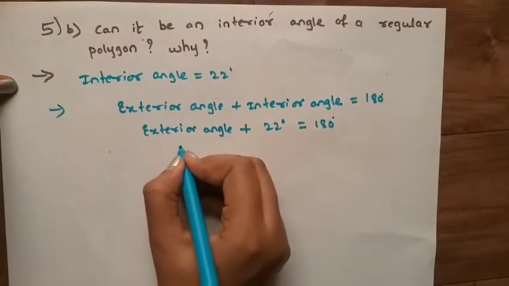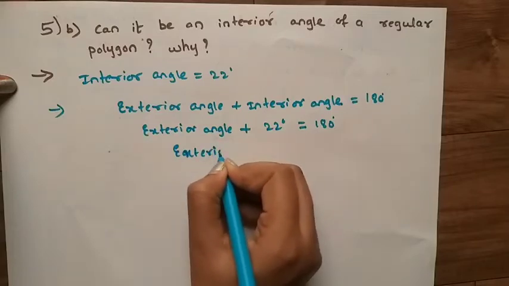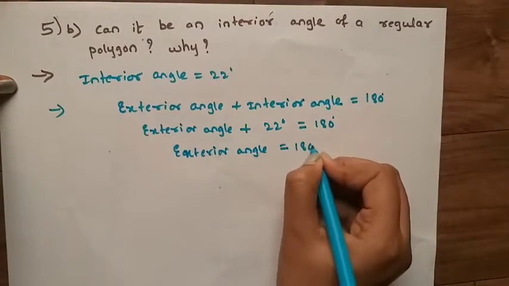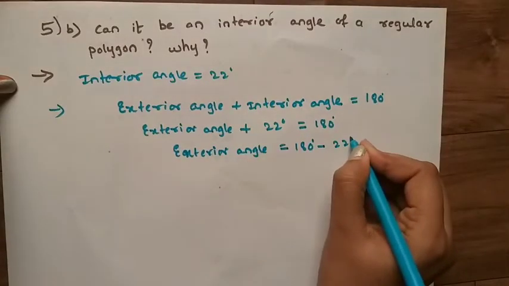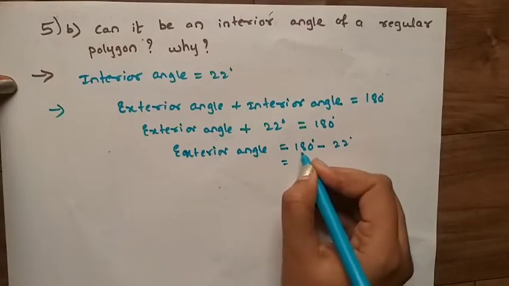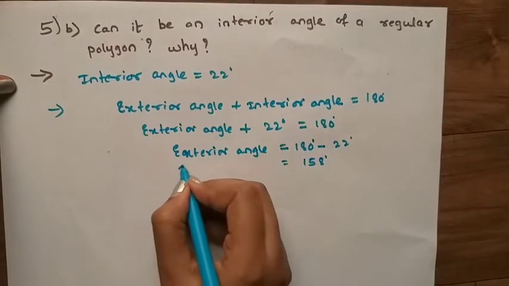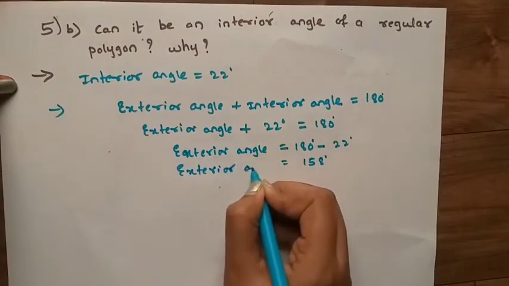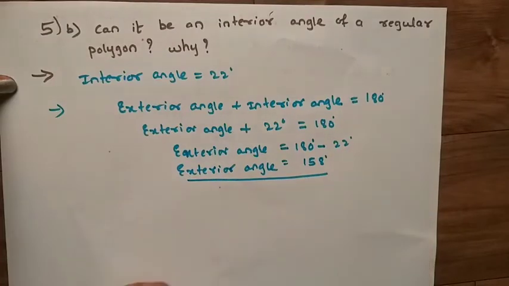So right here each exterior angle is equal to 180 degree, plus sign changed to minus, 22 degree. 180 minus 22 is 158 degree. So here the exterior angle is 158 degree.